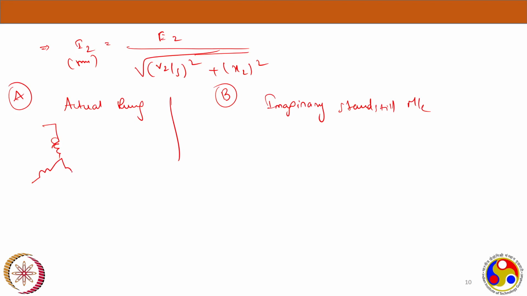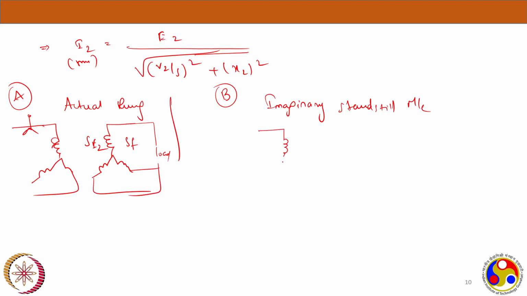This is the stator, the observer is here and this is the rotor of the actual machine. So it will be SE2, frequency is SF, and this is the loaded, running machine.